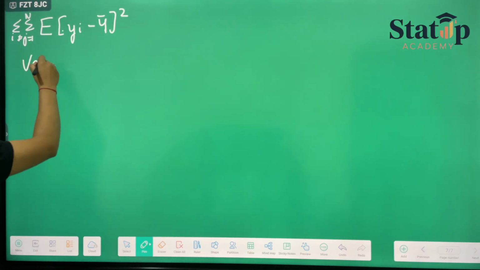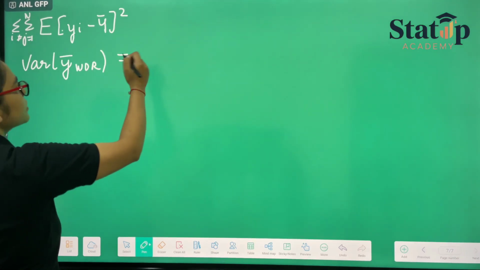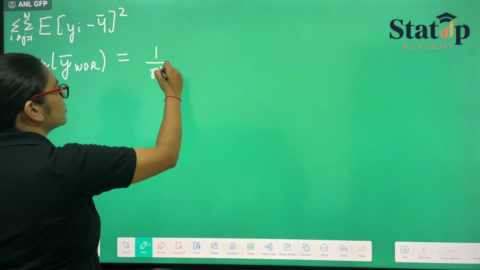Okay, so variance of y bar without replacement is nothing but 1 upon n square.